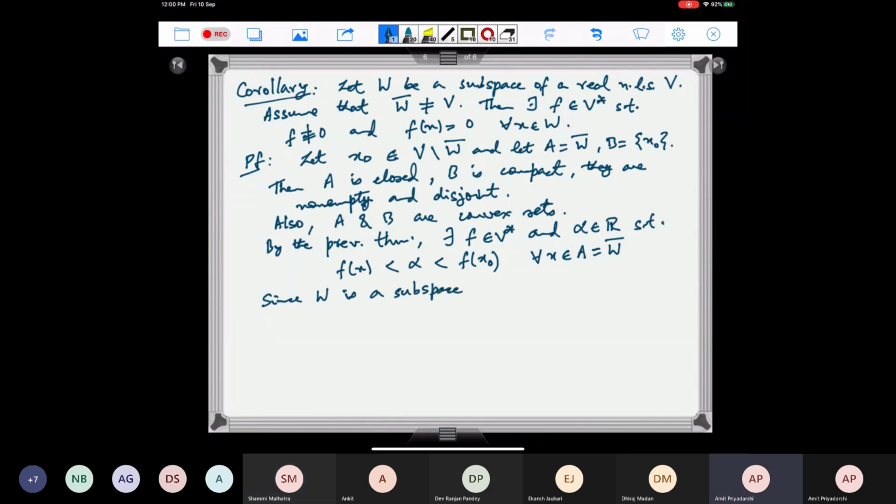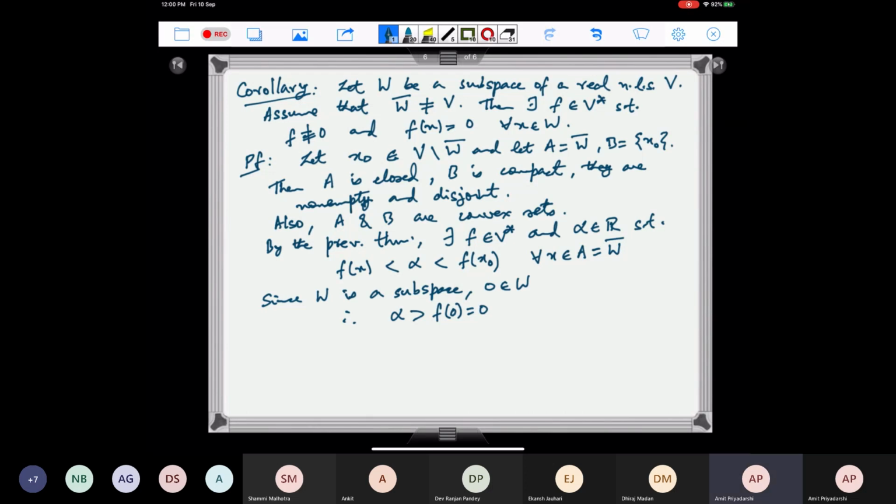So first of all, 0 is in W. Therefore alpha is greater than f(0), which is 0. So alpha has to be positive. And then we are saying that f(x) is less than alpha for every x in W closure, so for every x in W it has to be less than some fixed thing.